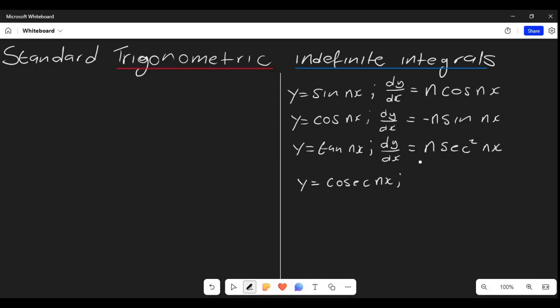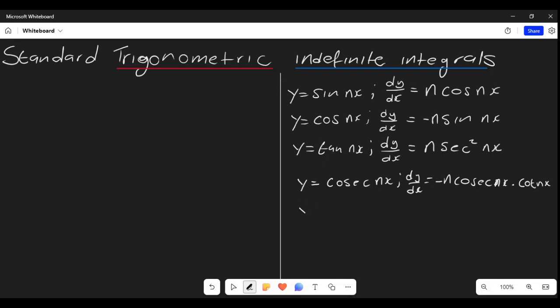The dy over dx of cosec nx is going to give you negative n cosec nx multiplied by cot nx.